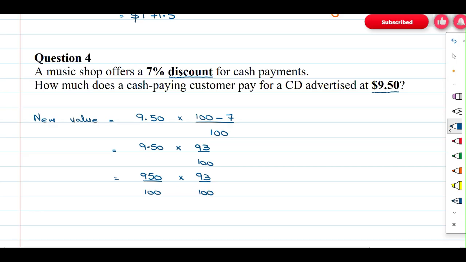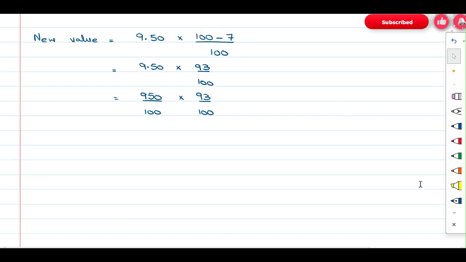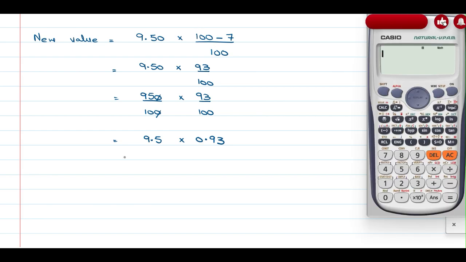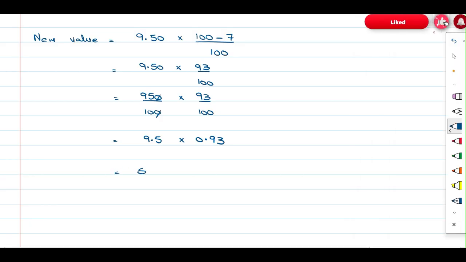I remove the decimal sign and convert the decimal into a fraction, right? Or you can do 0 is cancelled with 0. So this is just 9.5 multiply 0.93. Okay. Let me do the calculation. 9.5 multiply 0.93, that is 8.835.